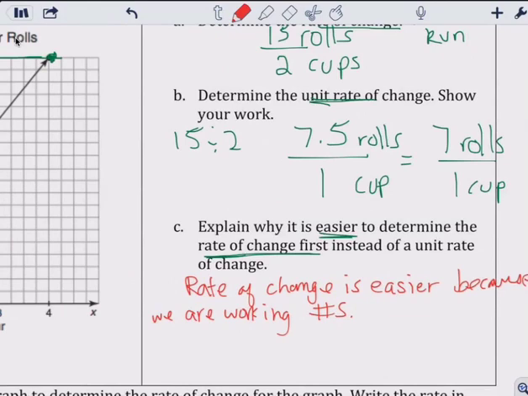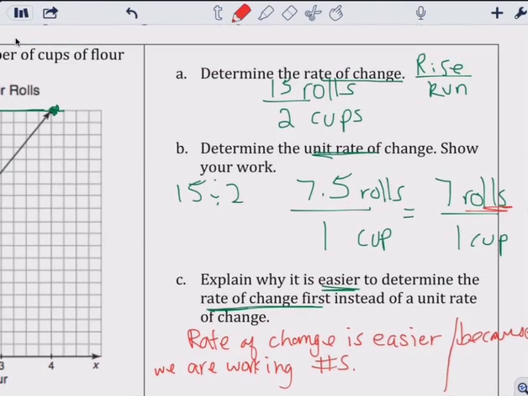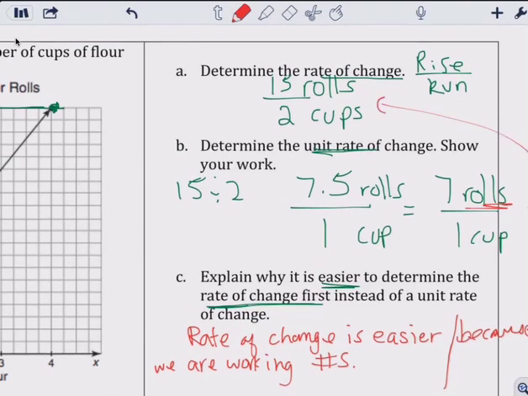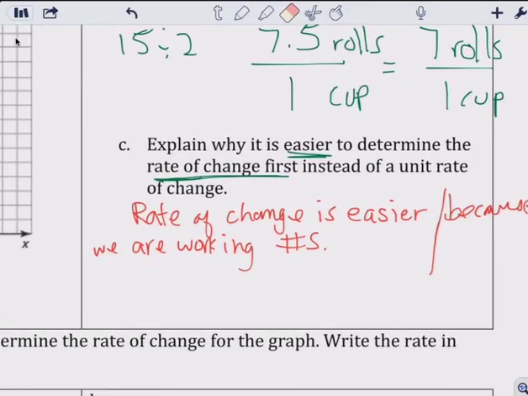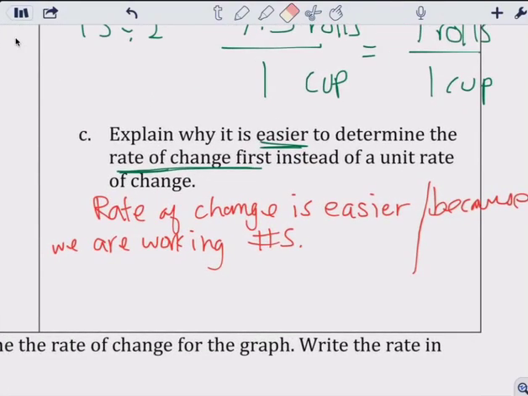And if you rounded this and didn't know that it's 7.5, and you did 2 cups, you'd think it makes 14, and that would be incorrect information. So unit rate is not always accurate, whereas rate of change is easier because we're working with whole numbers.